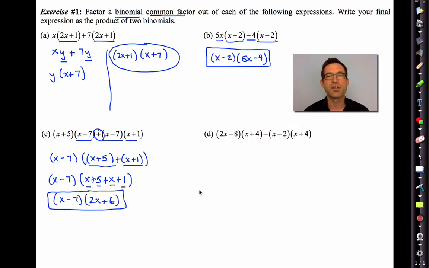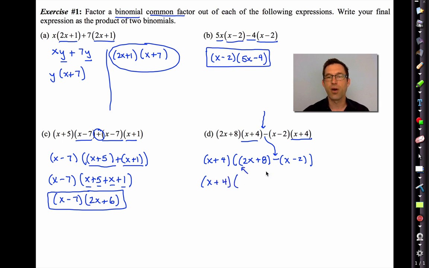The hardest ones like this, as you've seen before, are ones that involve a subtraction right here. Let's take a look at why that's a little bit tough. If I pull that x plus 4 out, I'm going to keep with this parentheses business. Well, that x plus 4 was multiplying 2x plus 8, but it was also multiplying x minus 2. And here's where we really have to watch ourselves, because in this case, these parentheses aren't doing anything.